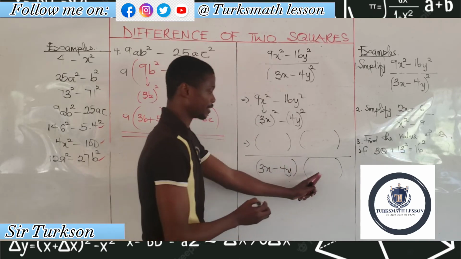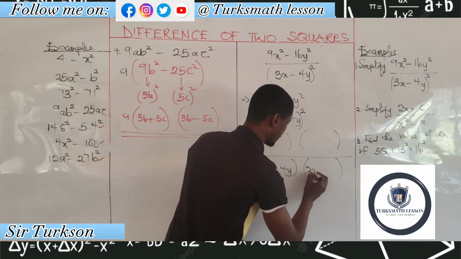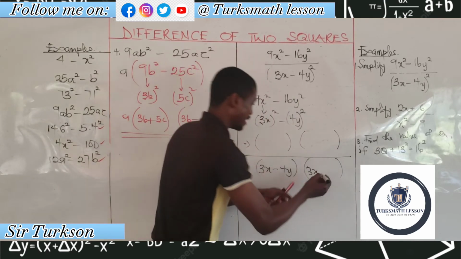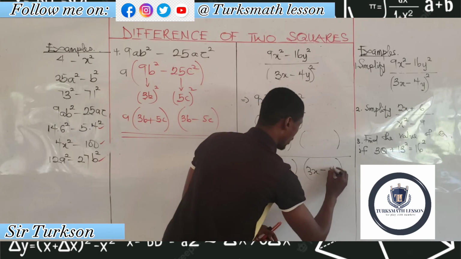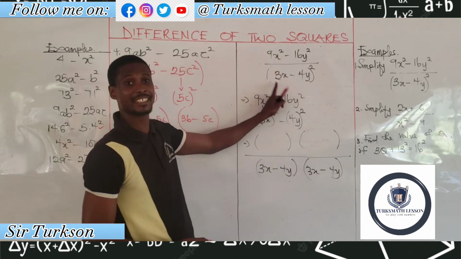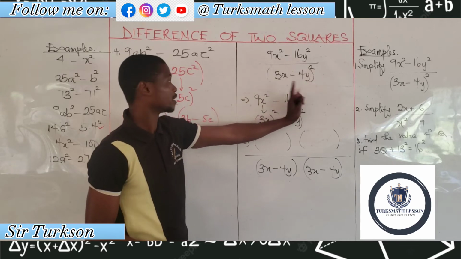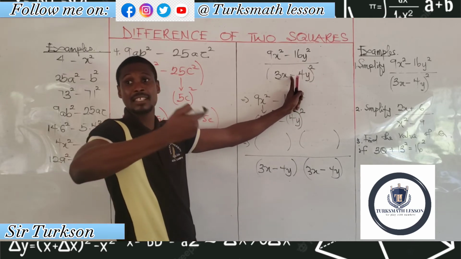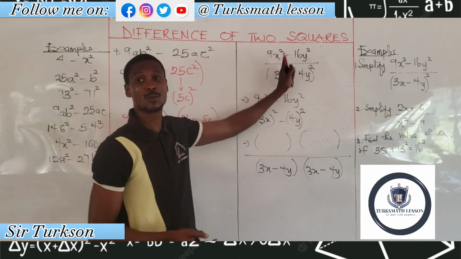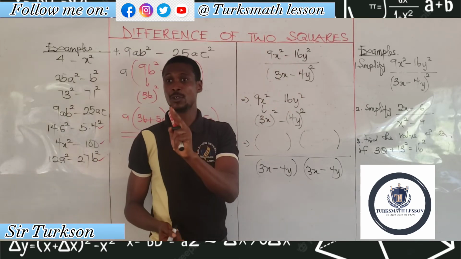Very good. 3x minus 3x minus 4y. So this makes it different. If you have a perfect square like this, the sign remains the same. Do you understand? But when it is a difference of 2 squares, how many signs are we using?